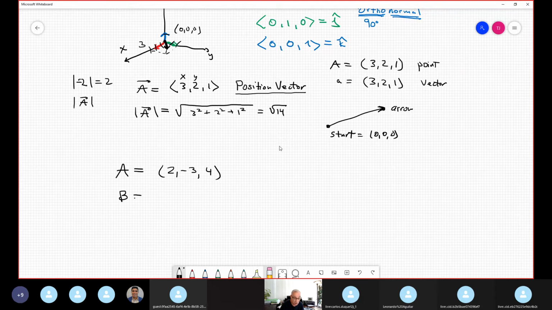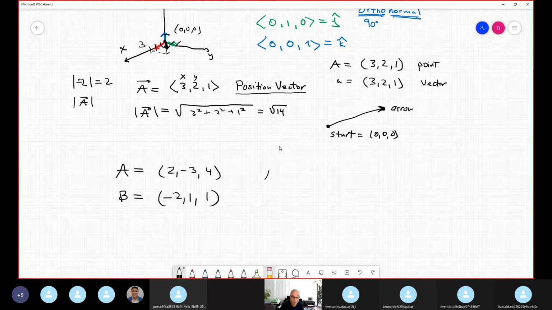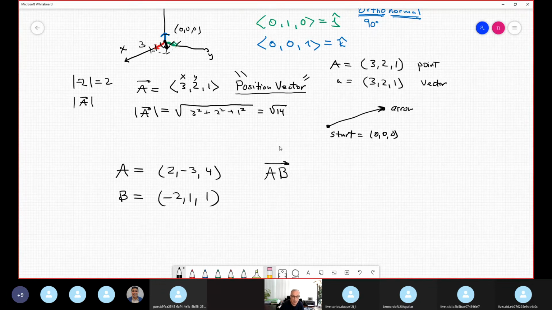And B is another point, which is negative 2, 1, 1. I want to find vector AB. So it's not a position vector, it's now a vector between 2 points. I suppose, according to this notation, that B represents the arrow and A represents the starting point.